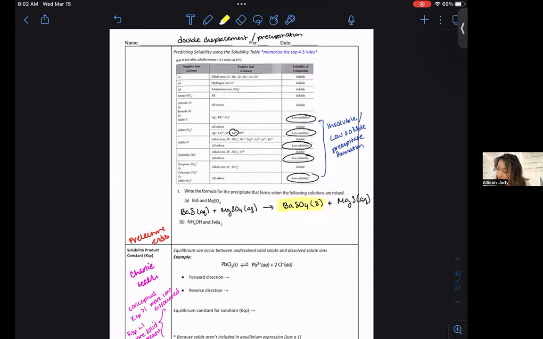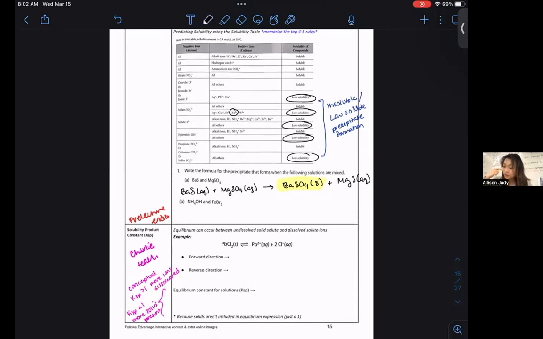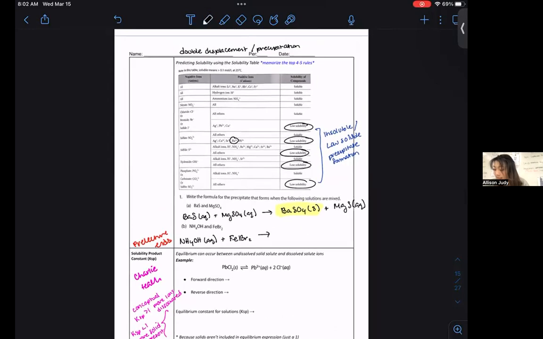All right. And let's look at part B. So ammonium hydroxide and iron 2 bromide are going to react in a double displacement precipitate reaction to produce one precipitate. Now don't forget, sometimes you do have just completely free dissociated ions. That would not be a precipitation reaction. That would just simply be a double displacement physical reaction.